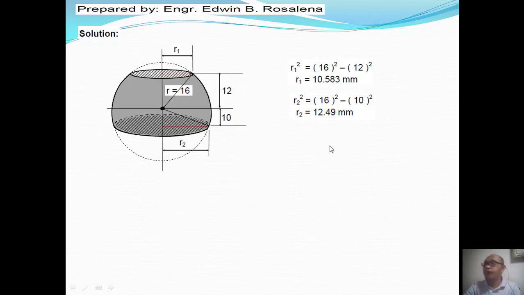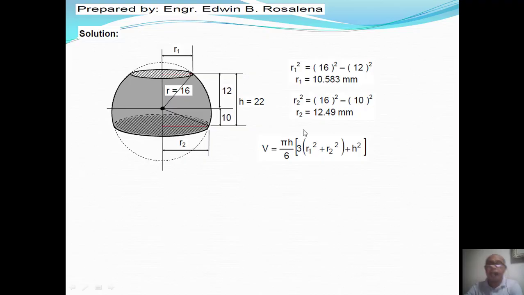Okay? So, after that, we have R1 and R2. The question here is the volume of the segment. So, this is the height, the altitude of the segment, because we have the perpendicular distance between base 1 and base 2. So, 12 plus 10 is 22. So, we can substitute to the formula for the volume of the spherical segment, or in the problem, as you notice, this is termed as frustum of the sphere.